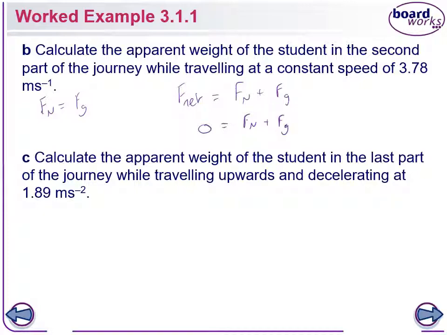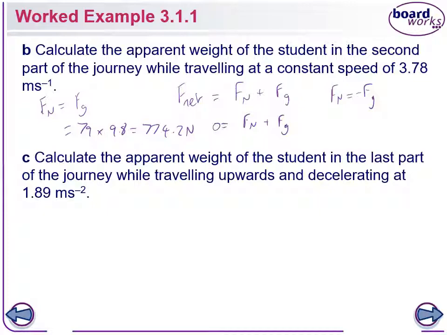So, aside from our sign convention, Fn is going to be equal to Fg. You can chuck a minus in there if we like. Fg, 79 multiplied by 9.8, 774.2. Okay, that one's nice and easy.